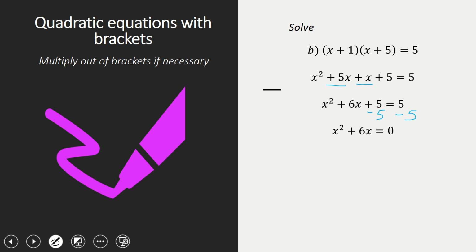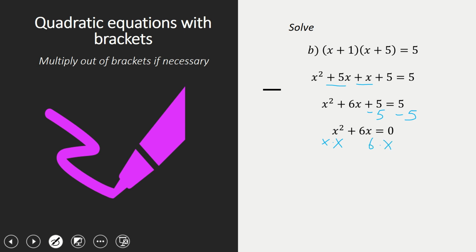So I will get x squared plus 6x equals 0. Then you need to put your common factor outside the brackets. I know that this x squared consists of x times x, and that 6x consists of 6 times x.